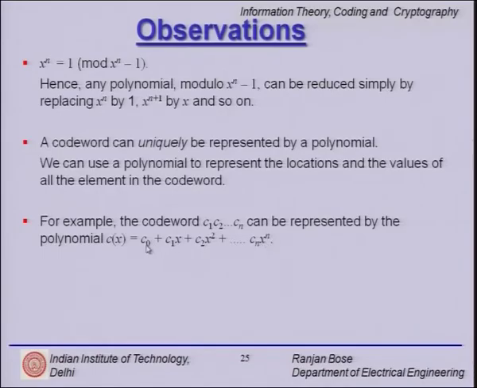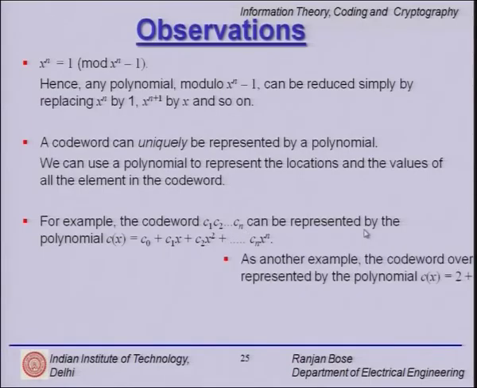Here, of course, I did not start with a C0, so if I remove this C0, we have C1x, C2x squared and so on up to Cn. There are a total of n elements here, not n plus 1. So, we can choose to either go from C0 up to x raised to n minus 1, or C1 to x raised to n. Either way we will have n coefficients.